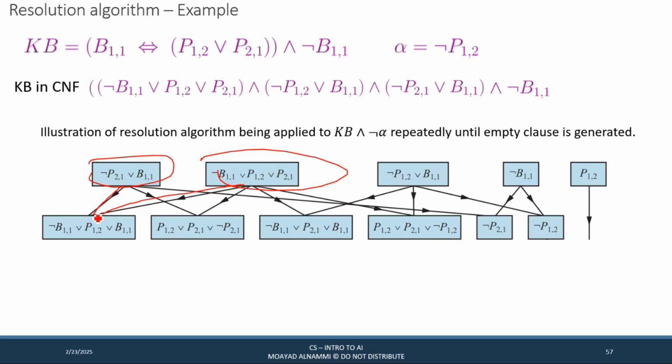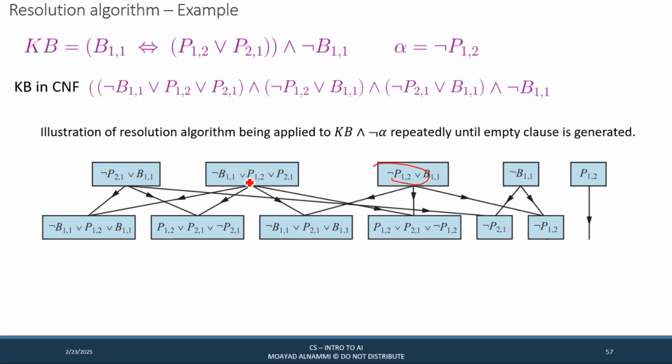One way is to resolve the P2 and P2 here to yield this clause, or I can resolve it this way by taking out the B and it will yield this clause. Just resolving these two clauses yields these two here.